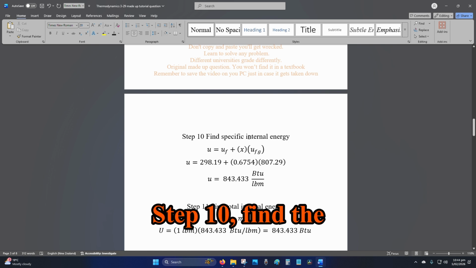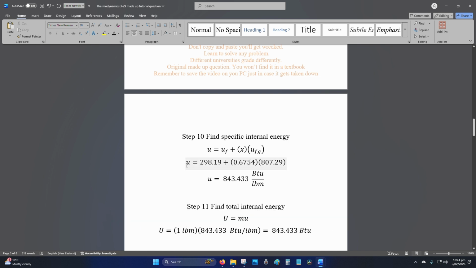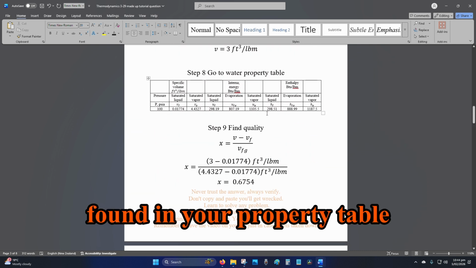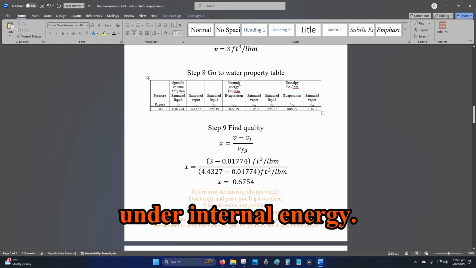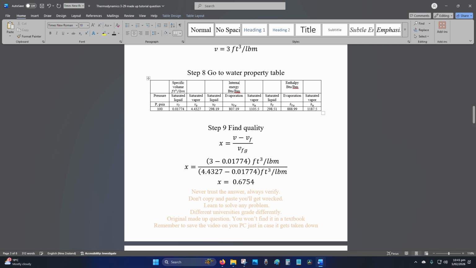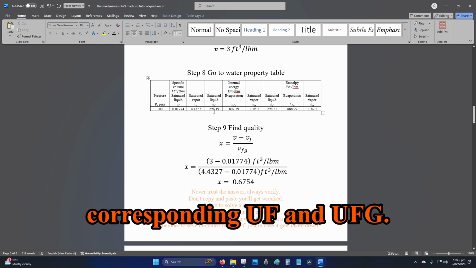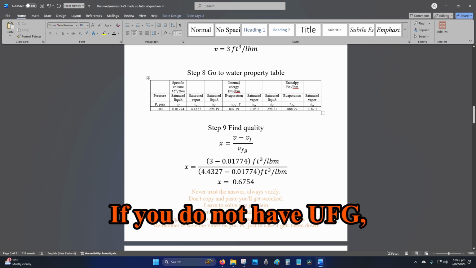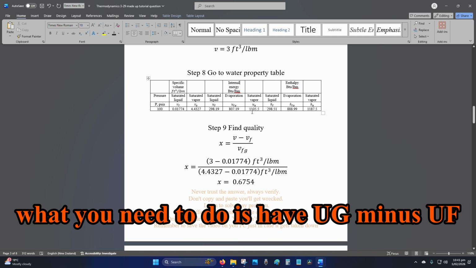Step 10, find the specific internal energy. Once again, we just plug and play. So these values are found in your property table under internal energy. So just match the corresponding UF and UFG. If you do not have UFG, what you need to do is have UG minus UF.